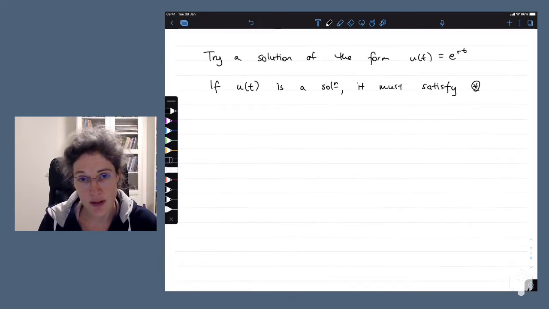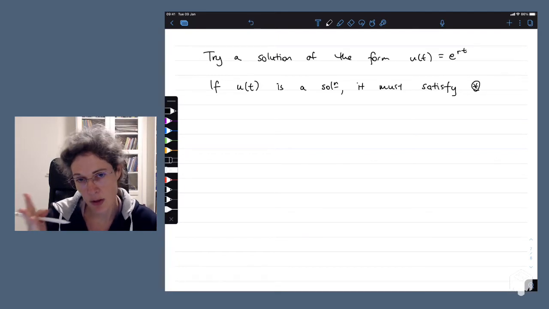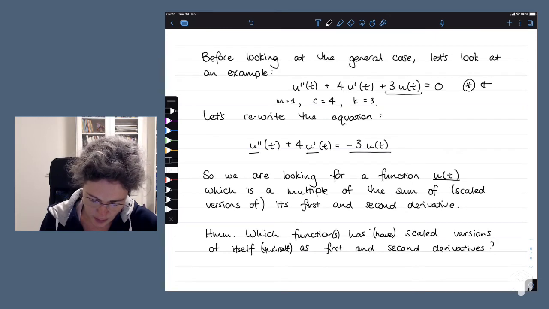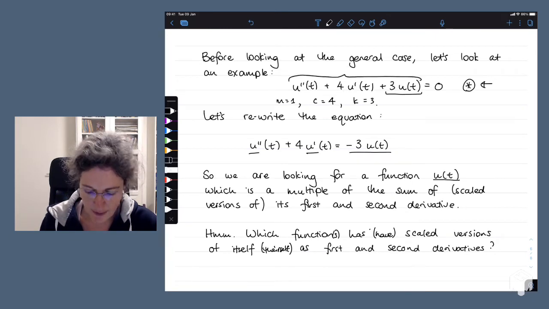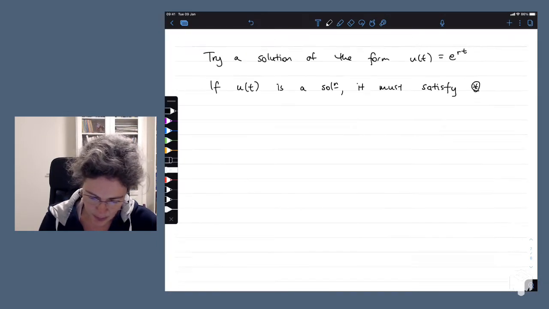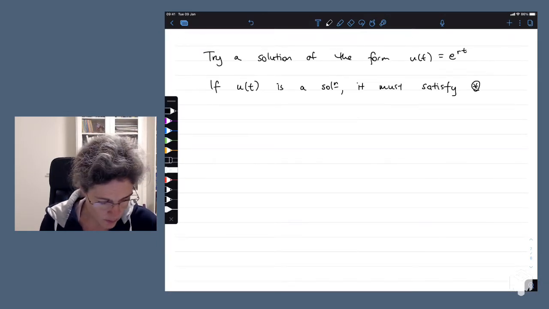How can we check if it solves it? Well, we're going to substitute it in. So we're going to substitute it into the left-hand side of our equation. So that's this bit over here. And then we're going to check that that left-hand side actually equals 0. So let's take some derivatives.